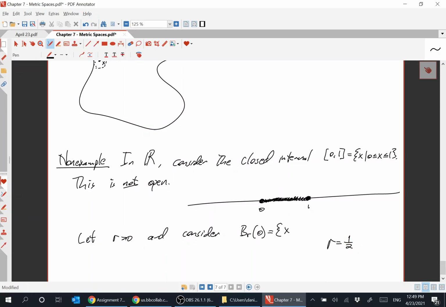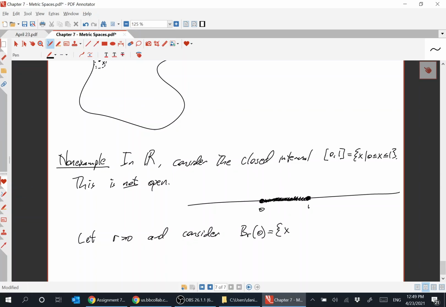Give me a real number whose distance from 0 is less than a half. A fourth. Or 0 itself, right? The distance from 0 to 0 is 0. There's always something there.